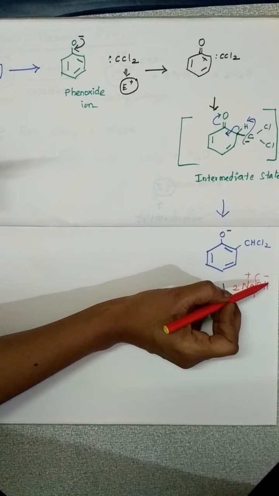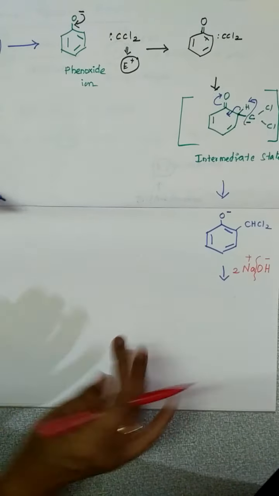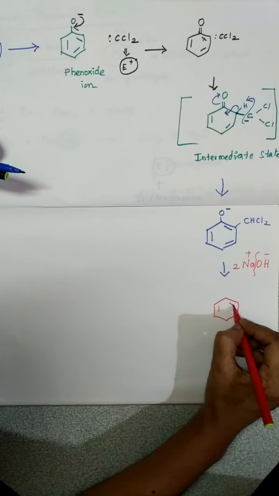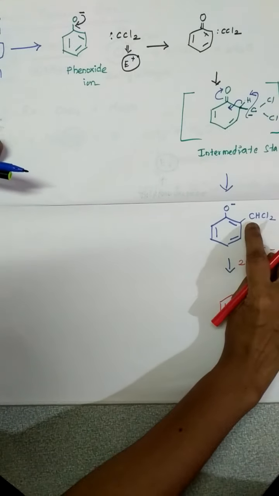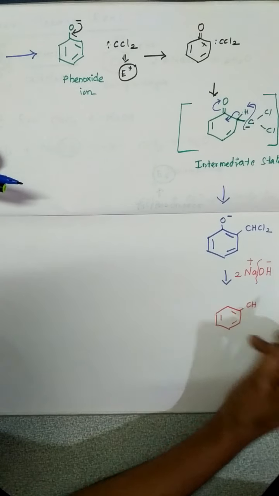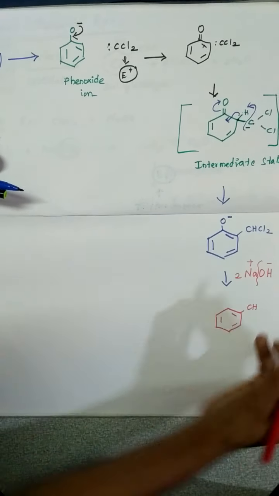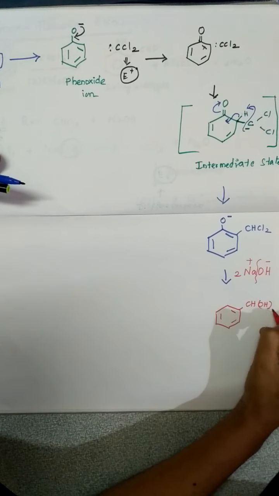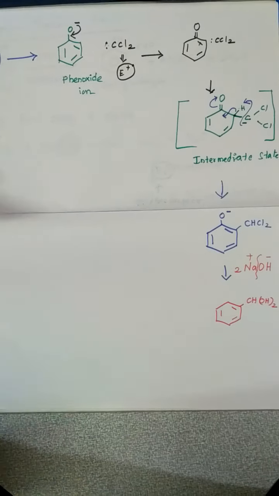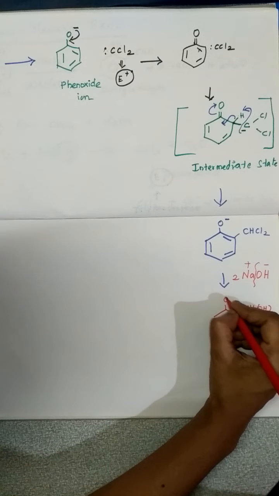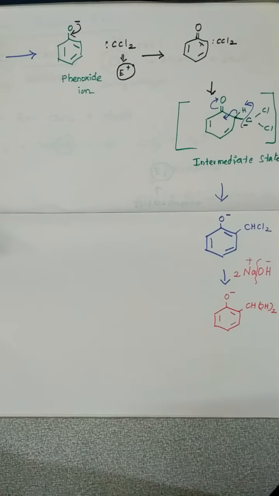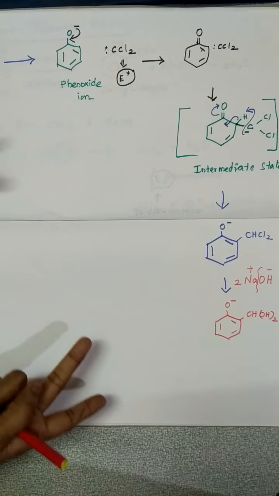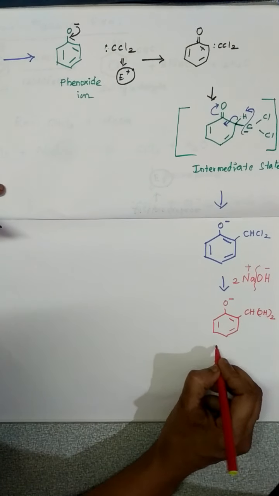So this OH will take the place of this chlorine. The same bonds and the same CH I am writing here, and instead of Cl2, OH will replace that Cl2, and this O minus will be in the same position. So both the nucleophiles get exchanged here.